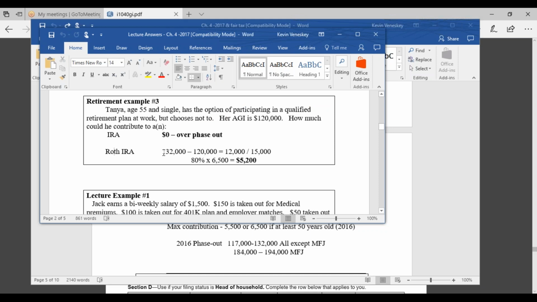For a Roth IRA, come down here again. I'm down in my notes where the arrow is. The range for single is 117 to 132. There's a $15,000 span. So 132 minus where she's at, 120. There's a $12,000 difference over the 15,000 span. So that's 80%. So she can almost get the full amount and put it into the Roth, but not quite. She can put in 5,200 into her Roth.